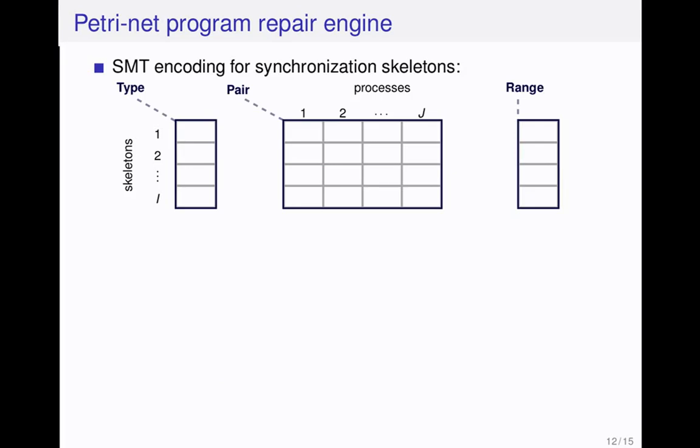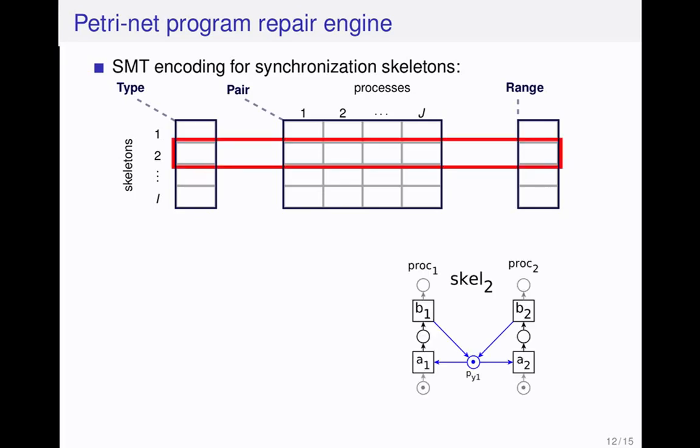And the way we make sure that the Petri net has synchronization skeletons added, instead of just arbitrary transitions and places, is that each of the rows in this set of variables corresponds to a single synchronization skeleton.